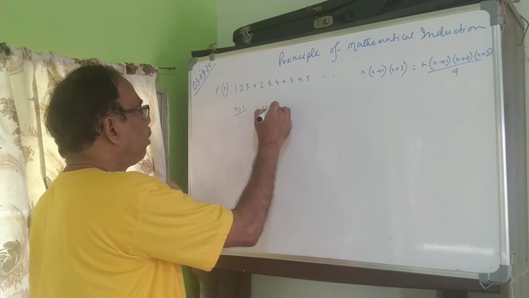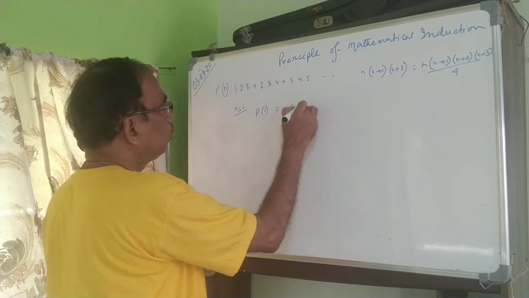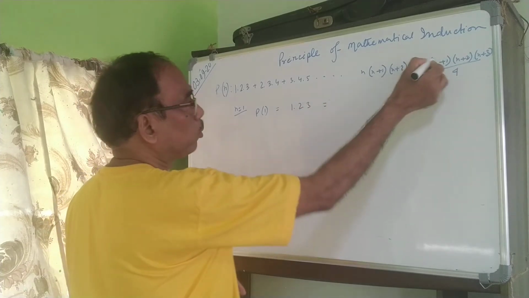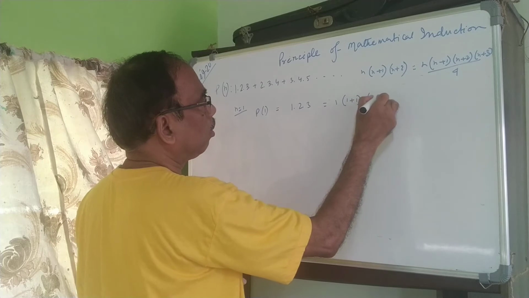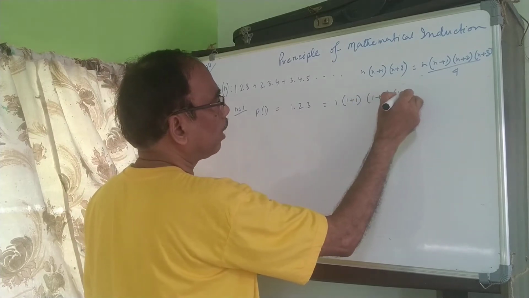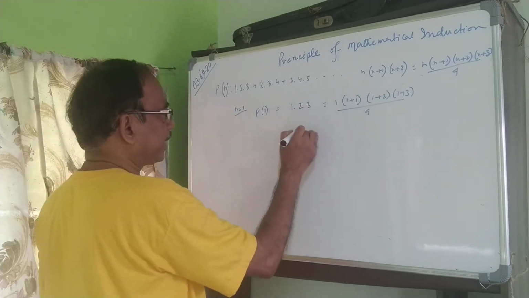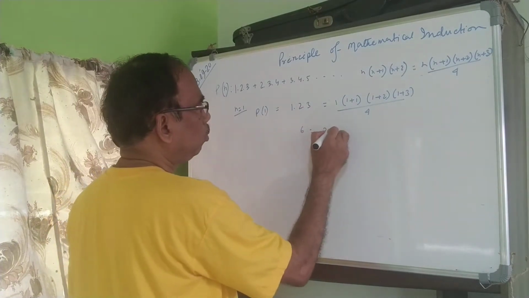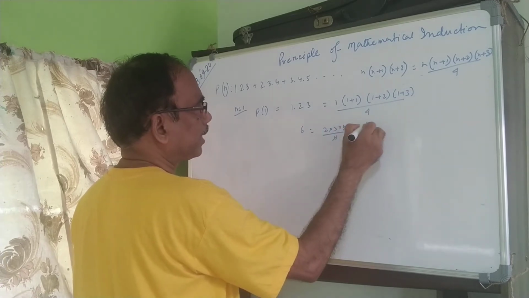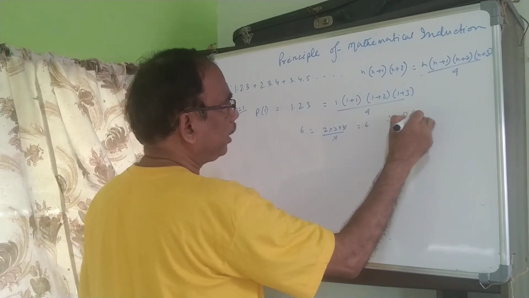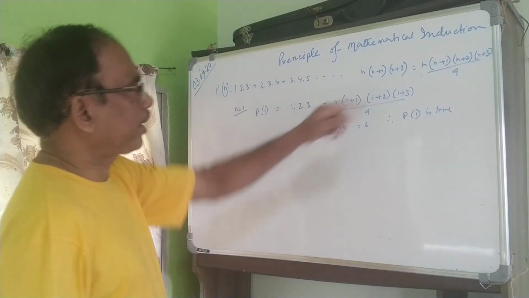Let P1 be 1 into 2 into 3 equals 1 into 1 plus 1 into 1 plus 2 into 1 plus 3 over 4. That is 6 equals 2 into 3 into 4 by 4, that is 6. Therefore, P1 is true. Left hand side and right hand side are equal.